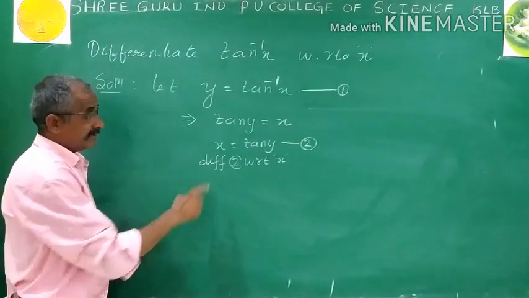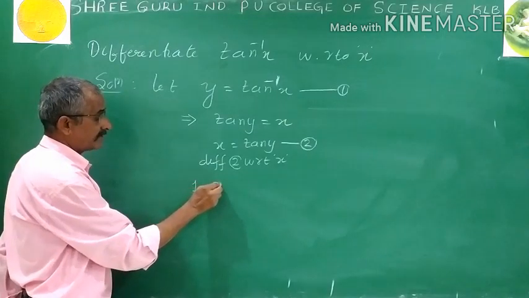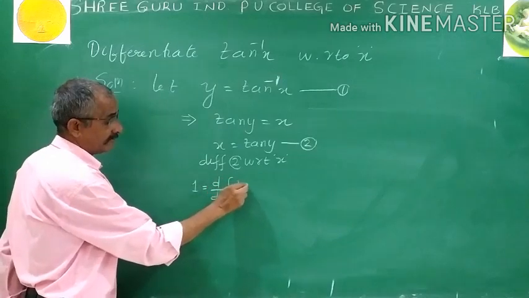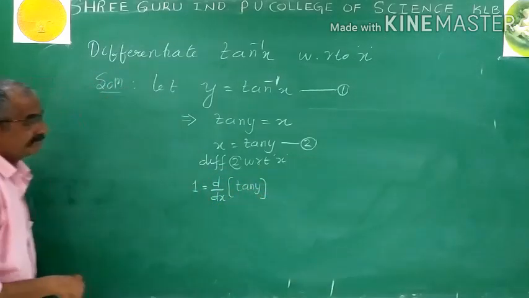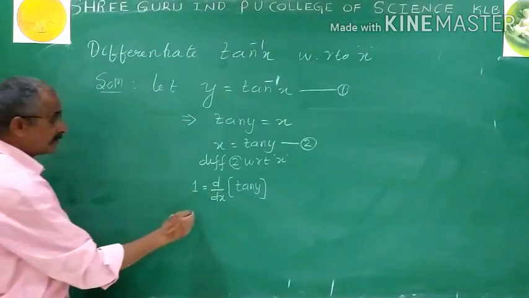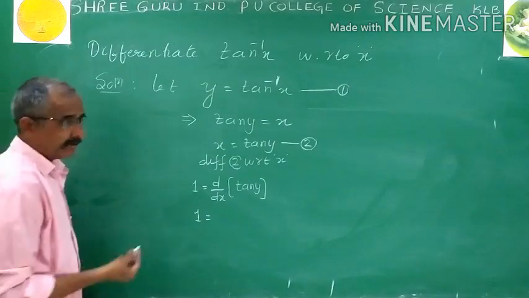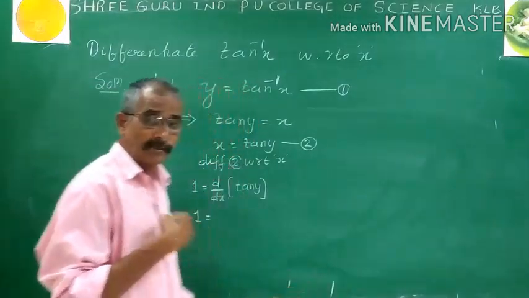Differentiating 2 with respect to x. On the left side, the differentiation of x will be 1. On the right side we can use the symbol differentiation of tan y, but importantly with respect to x. That is, 1 equals differentiation of tan y. We know the differentiation of tan u is secant square u into du by dx.